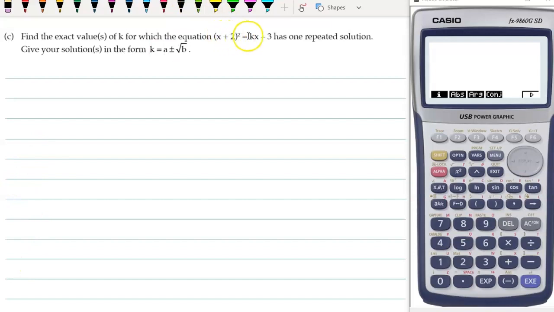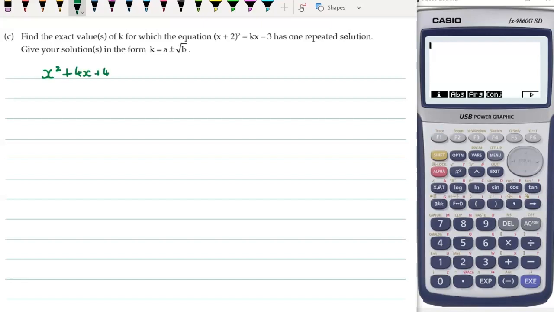For part C, we need to get this expression into a more standard looking quadratic. And then we can find the discriminant and set it equal to 0 to make one repeated solution. So let's expand that bracket. On the left, we've got x squared plus 4x plus 4 is equal to kx minus 3.